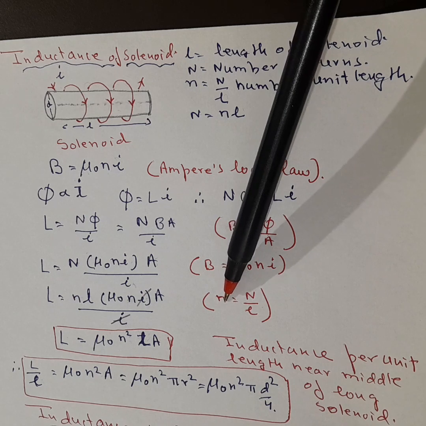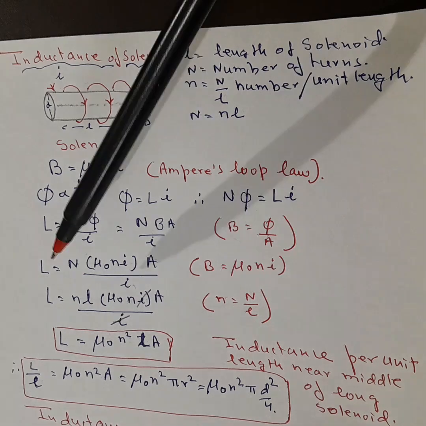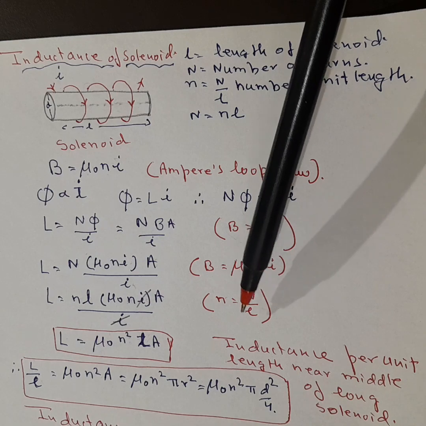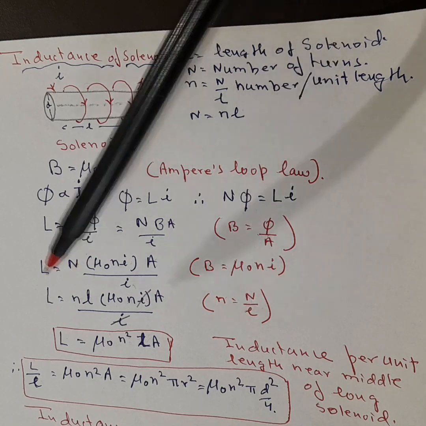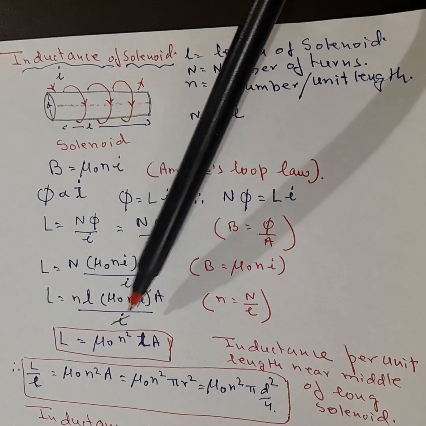And again here, small n is the number of turns of coil per unit length, so we have to substitute capital N. Capital N would be small n into L, so that's what we do. We substitute over here, and I gets cancelled.